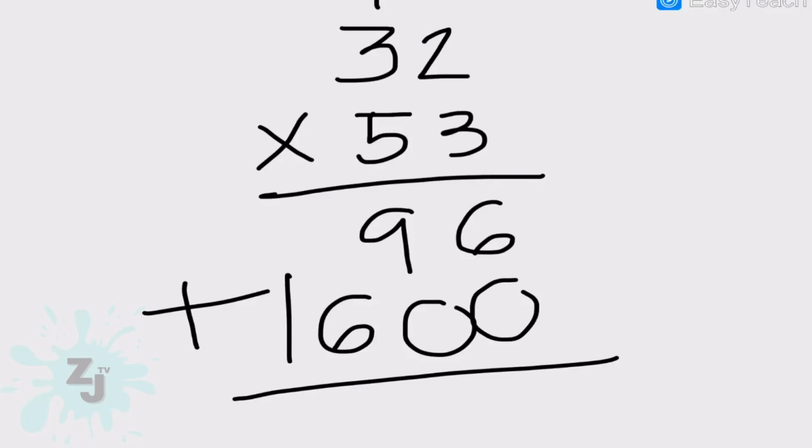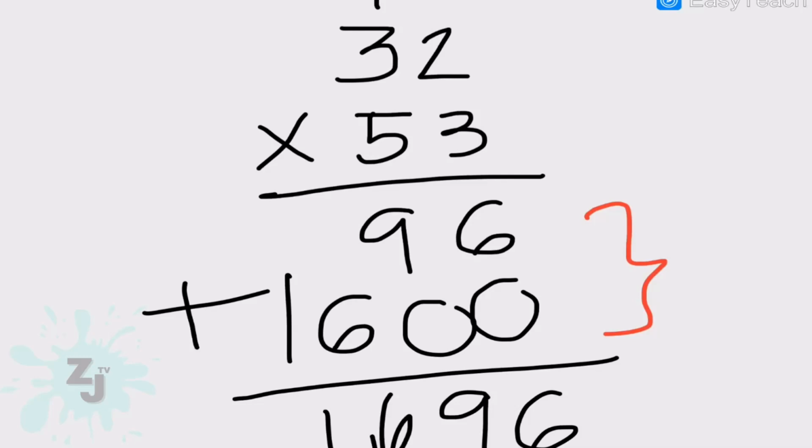What I mean is these digits right there, we add them up. 6 plus 0 is 6, 9 plus 0 is 9. We just bring down 1, 6. Therefore, the answer is 1696. That will be the final answer for this one.